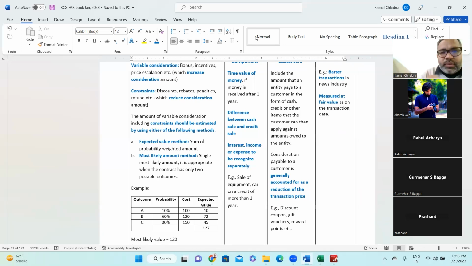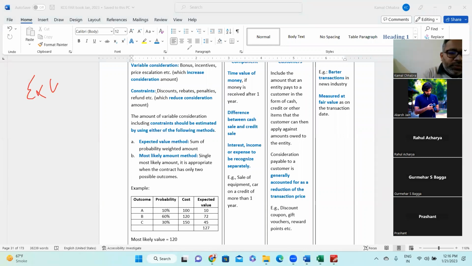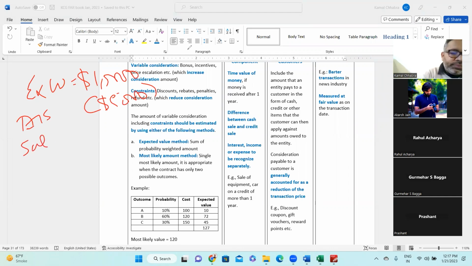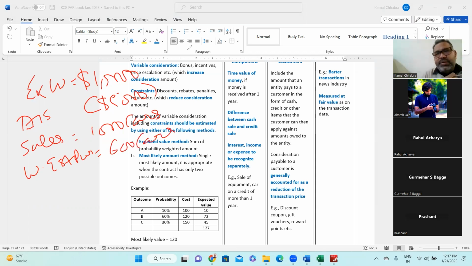Extended warranty price is $10,000, discount $5,000. Sales: 1,000 cars. Warranty estimated purchase is 600 cars.